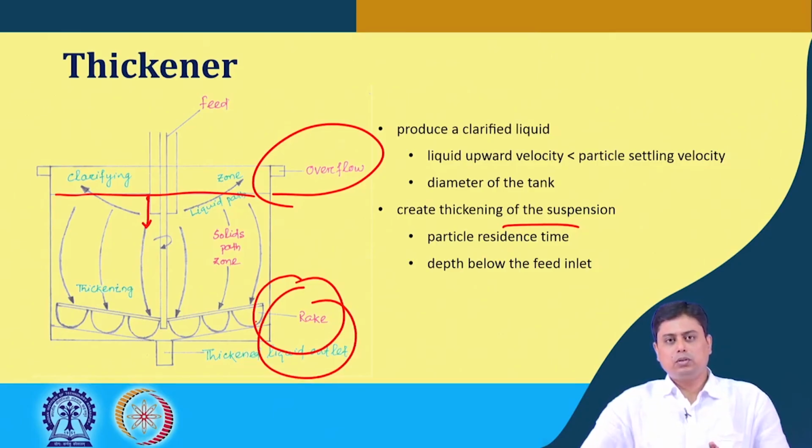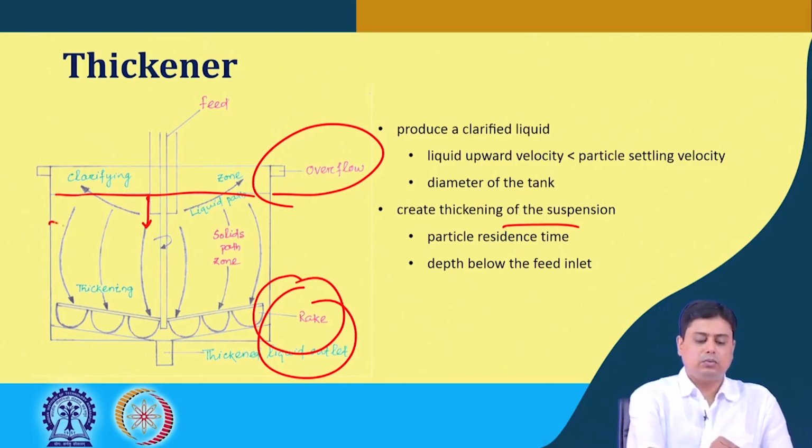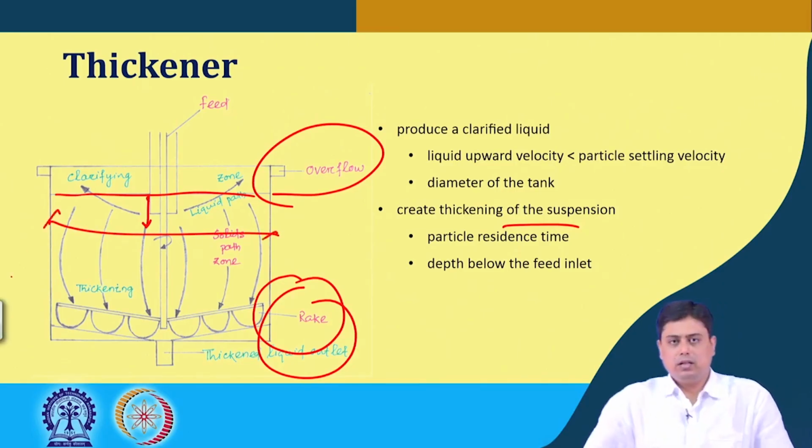To produce this clarified liquid, we typically have to focus on the diameter of the vessel, because at this section the liquid upward velocity has to be lesser than the particle settling velocity.